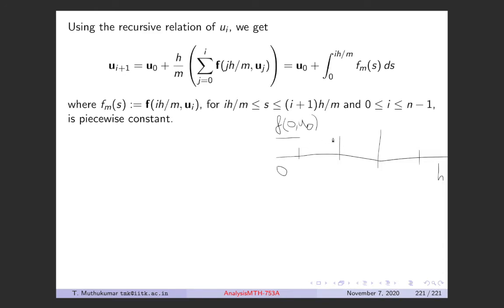Similarly, in the next interval, you have f(h over m, u_1). Maybe one of the endpoints should be strictly less than, so that there is no multi-valuedness.